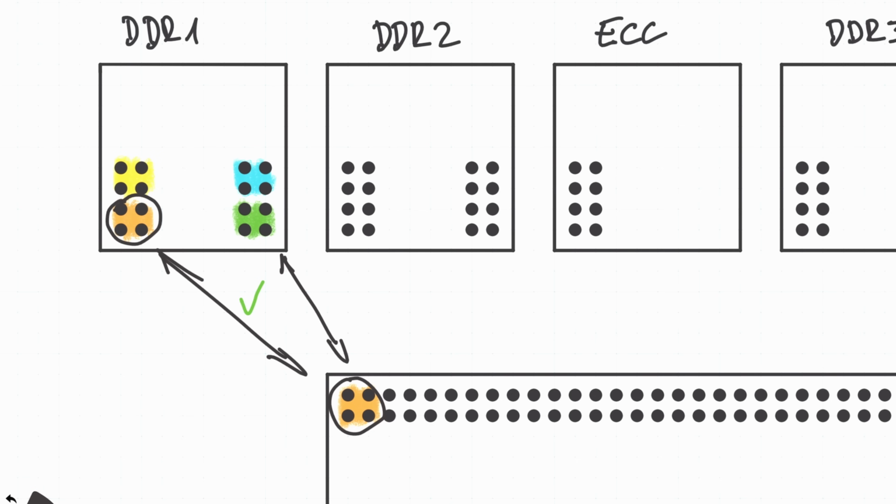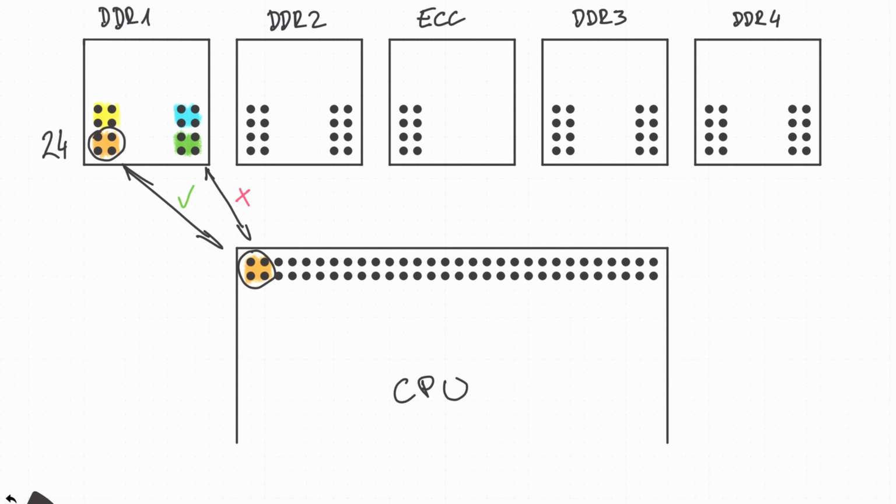This means that each nibble pair essentially has 24 possible ways to connect the memory die to the CPU. So 96 possible combinations per each of the 4 memory chips we have on board, and 48 combinations for ECC because it only uses an 8-bit connection.